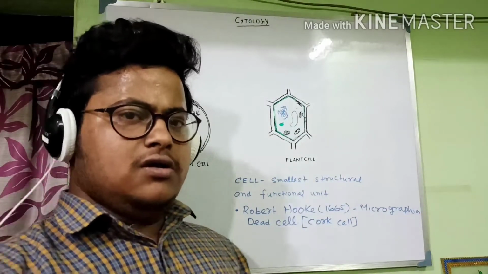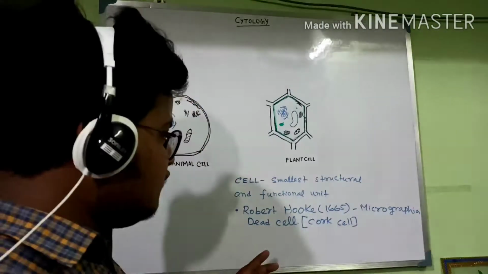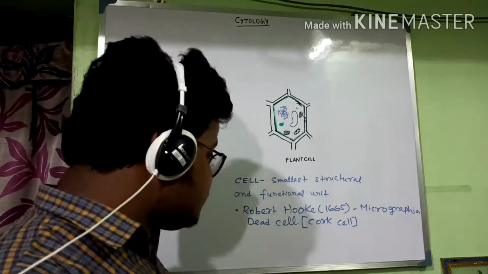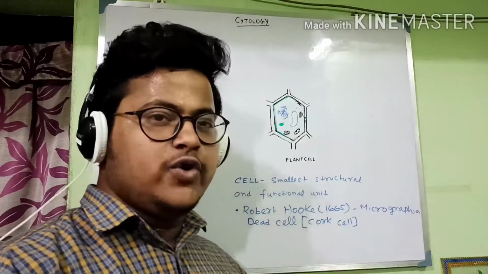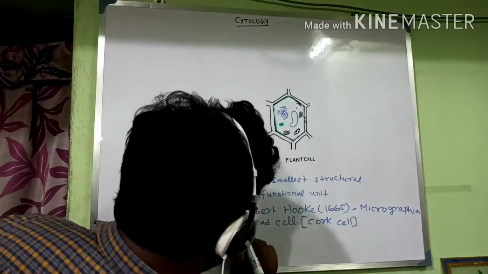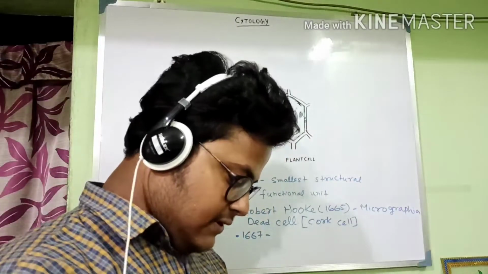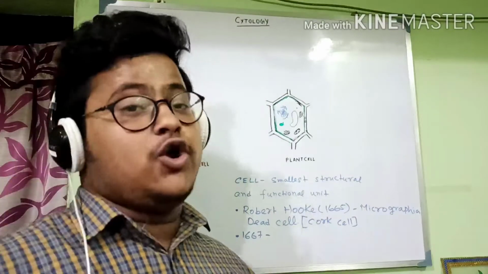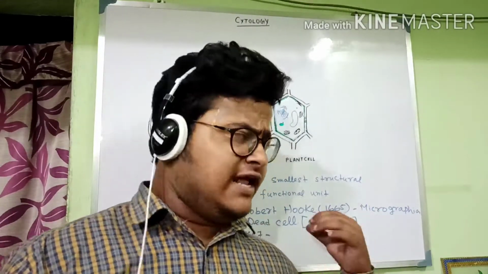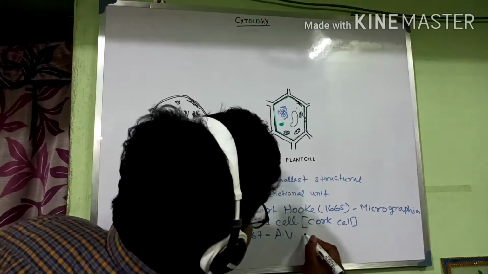But in which year was the living cell discovered? The first cell was discovered in 1665. Two years after the discovery of the dead cell, in 1667, the scientist named Anton von Leeuwenhoek first discovered the living cell. Okay, you have to write this name.